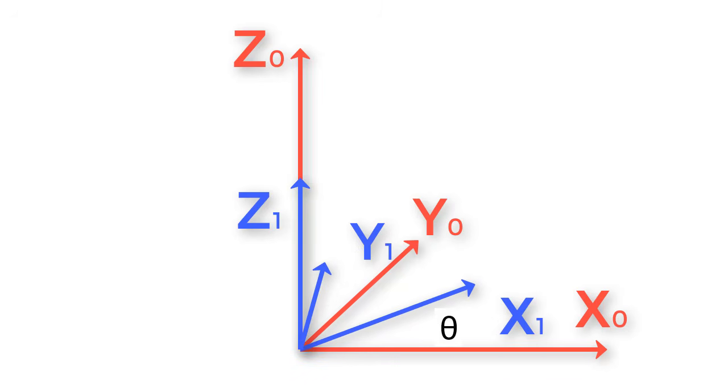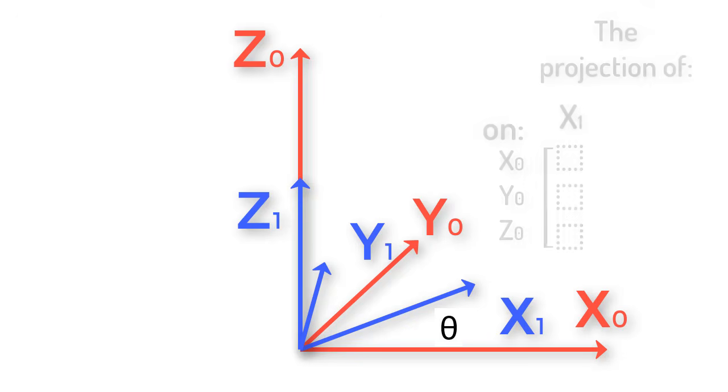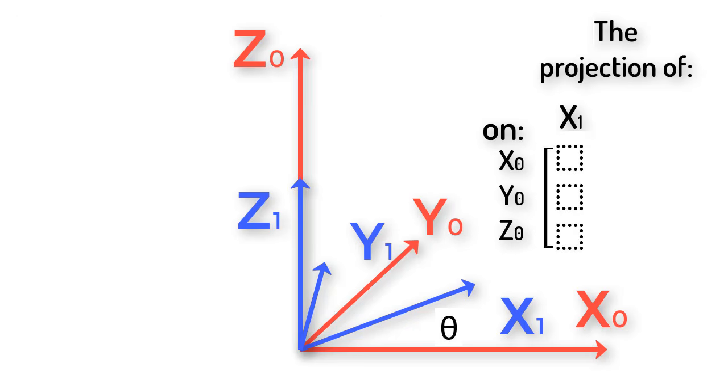How could I represent the rotation or orientation of frame 1 inside frame 0? I could use this same projection idea. I'll start with the axis x1, and I'll write down the projection of x1 on x0, the projection of x1 on y0, and the projection of x1 on z0.